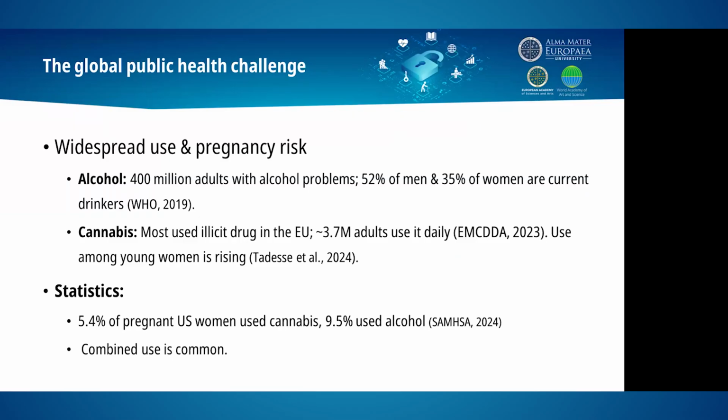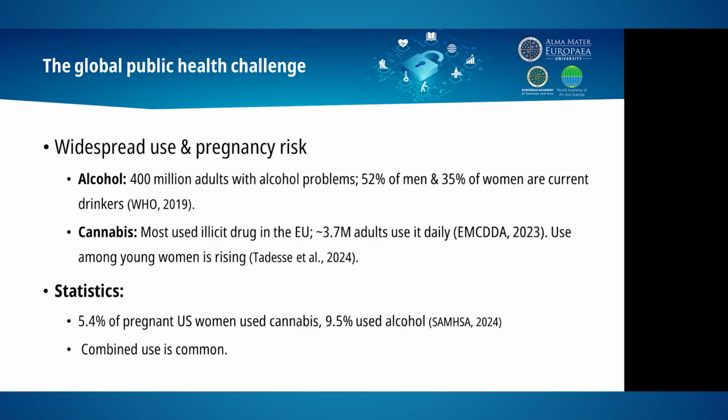It is a global public health challenge. Alcohol and cannabis are deeply embedded in many cultures, and their use is widespread. Critically, a significant number of women of reproductive age use these substances, and that can lead to exposure during pregnancy, which is a period of unparalleled fetal vulnerability.